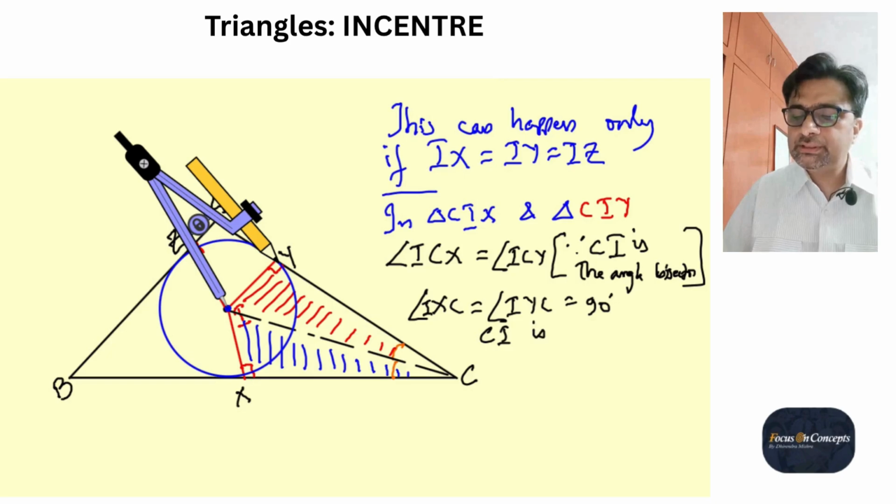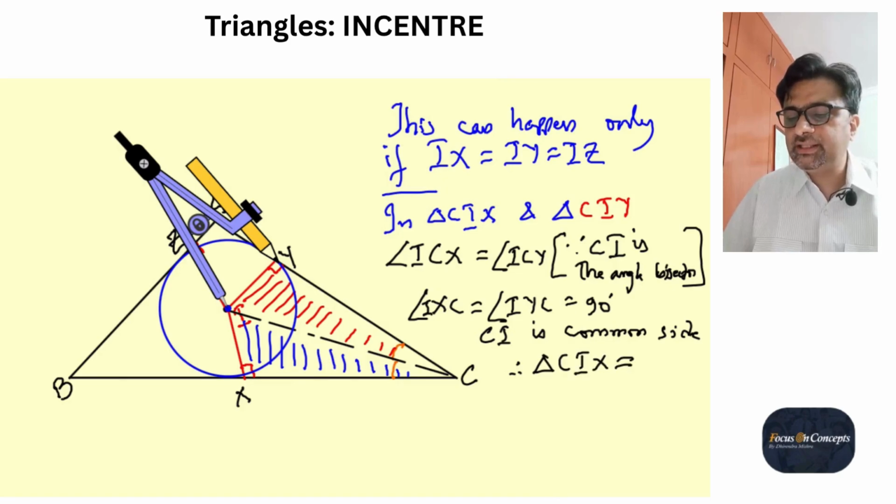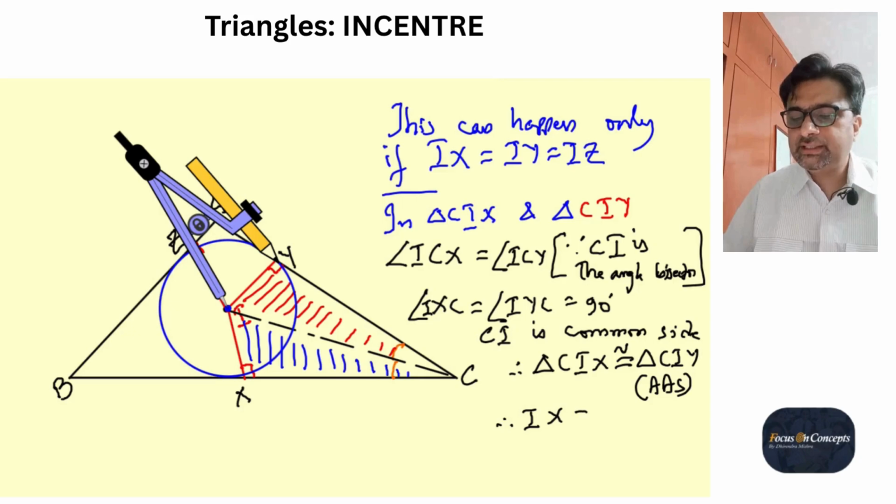Also CI is the common side, and hence we can conclude that triangle CIX is congruent to triangle CIY, and that is by AAS congruence. Once this has happened, we can conclude that IX is equal to IY, and that is CPCT.